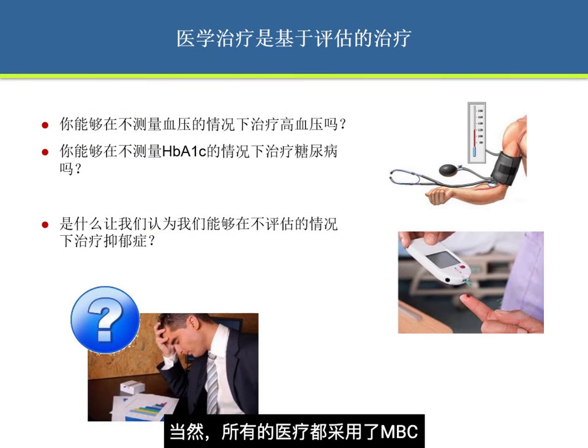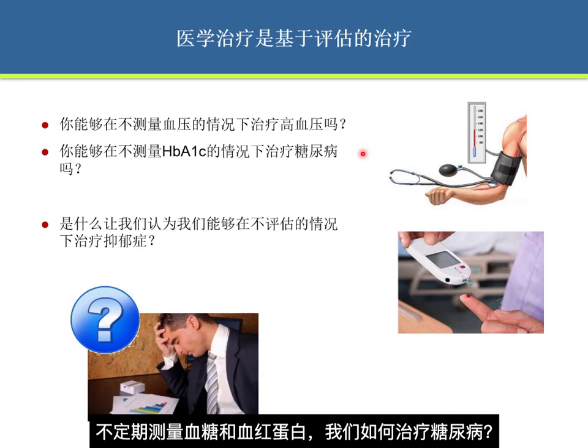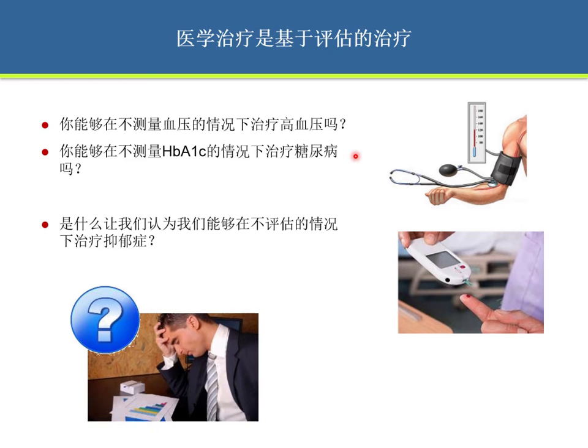Of course, all medical care uses measurement-based care, because how would we treat hypertension without measuring blood pressure at every clinical visit? How would we treat diabetes without measuring blood glucose and hemoglobin A1C regularly throughout treatment?